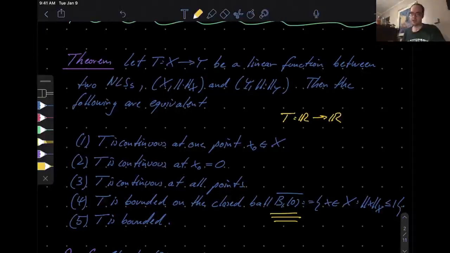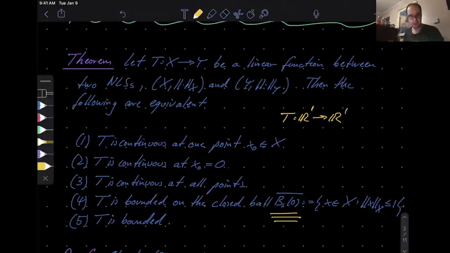right? So that being said, you can now see a clear difference here between these finite dimensional spaces, say here R1, and in general infinite dimensional spaces, because a priori that closed ball, though bounded and closed, is in general not compact.